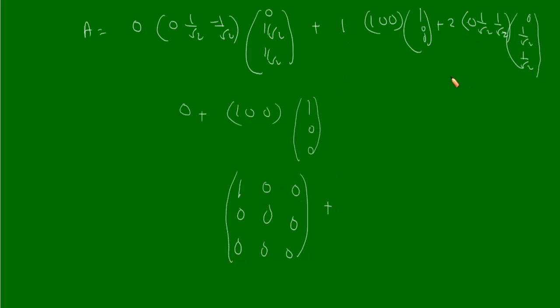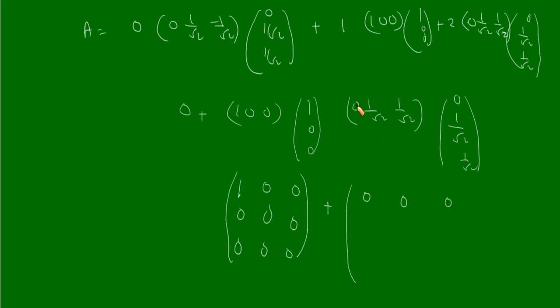Now here you have 0, 1 by root 2, 1 by root 2 into 0, 1 by root 2, 1 by root 2. So this will be equivalent to first 0 into 0, that will be equal to 0. Then 0 into 1 by root 2, again 0. Then 0 into 1 by root 2, again 0.